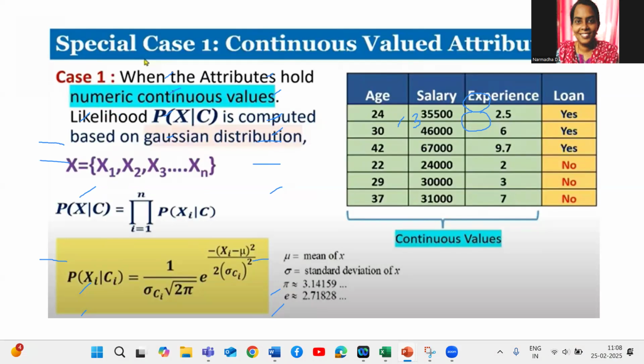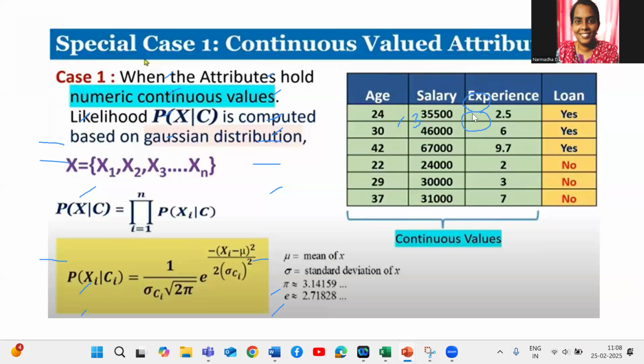And there are some special cases that need to be considered. The first special case is when the attributes hold numerical values. Until now, in this example, the input features were categorical values.